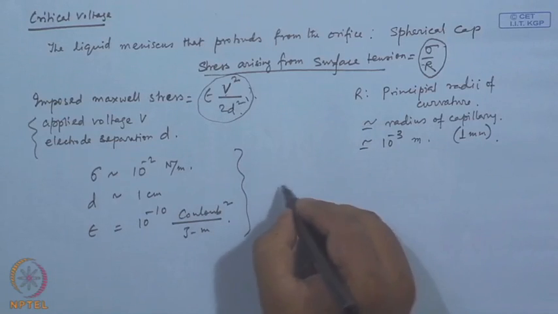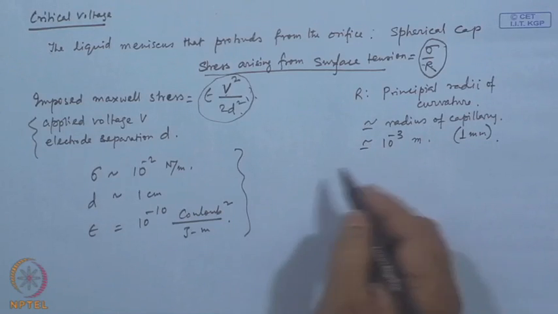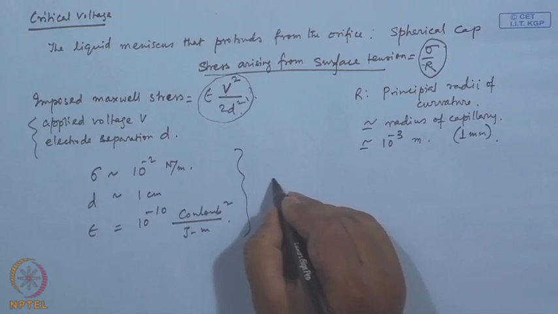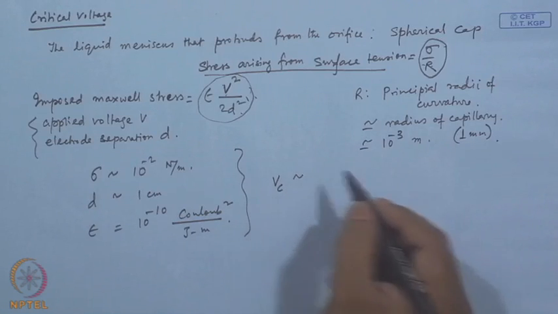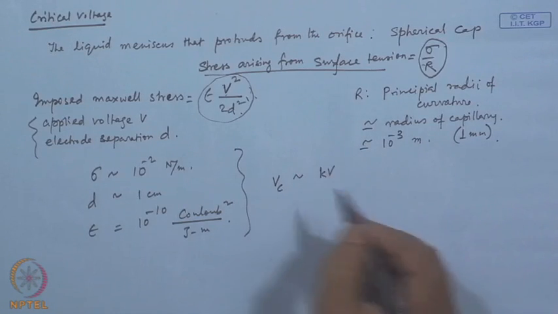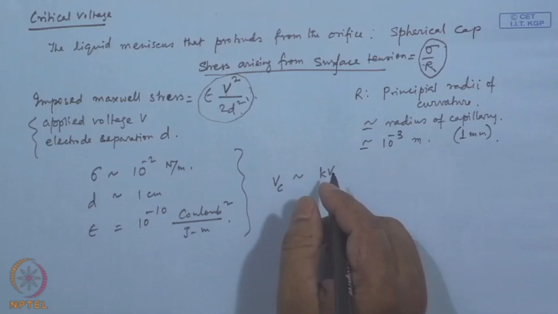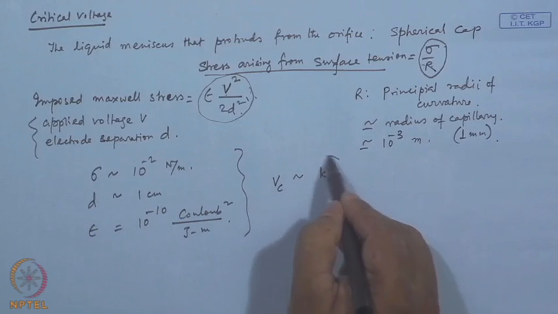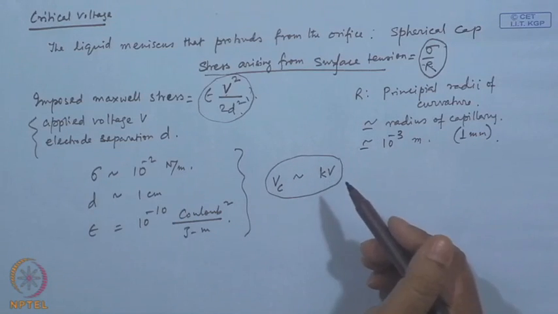This critical voltage will come to the order of kilovolt. Okay, not simple volt or megavolt, it will be of the order of kilovolt.